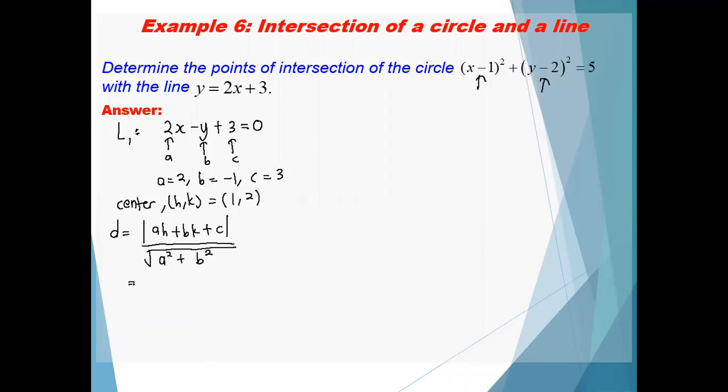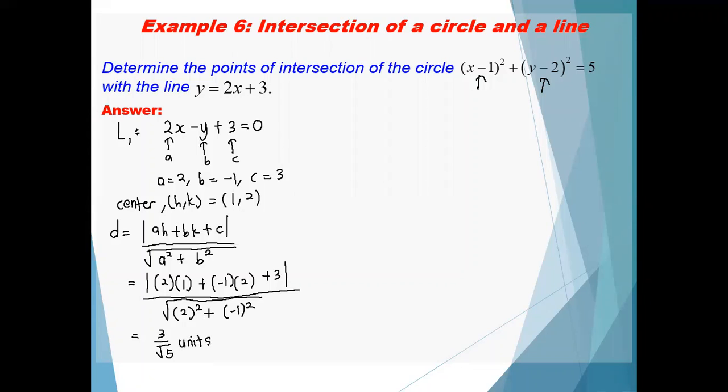So this one is equal to modulus of 2 times 1 plus negative 1 times 2 plus 3, over square root of 2 squared plus negative 1 squared. So you got equal to 3 over square root 5.